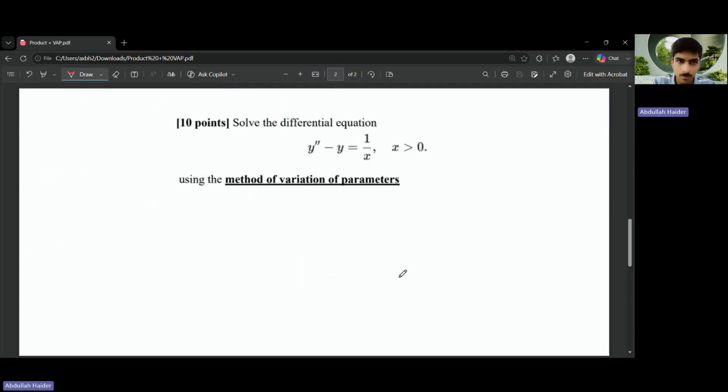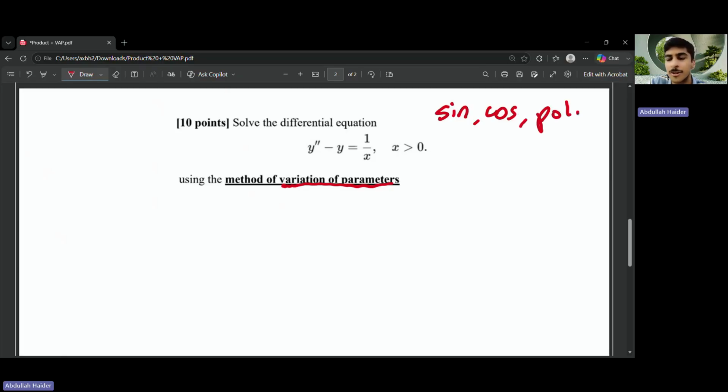So now, our second last concept, which is variation of parameters. You use variation of parameters when you don't have sine, cosine, polynomial, and exponential.